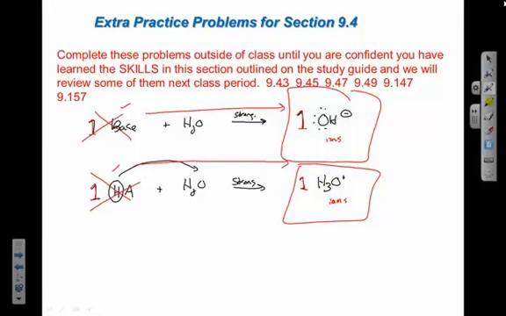So strong acids and bases are also strong electrolytes because they produce quantitatively a number of charged particles equal to the number of original uncharged particles that I put in solution.